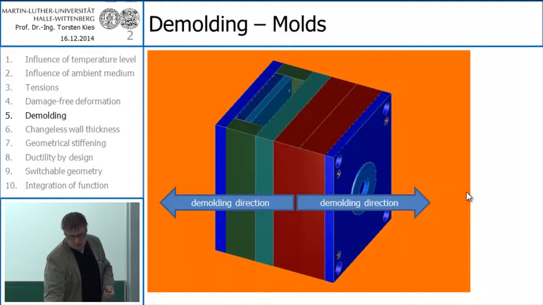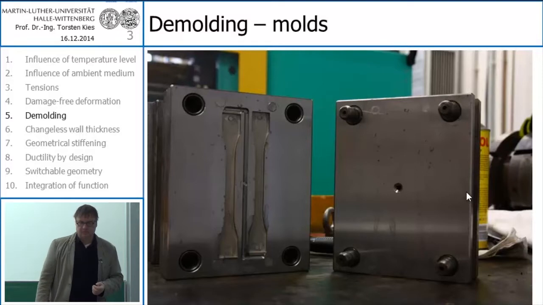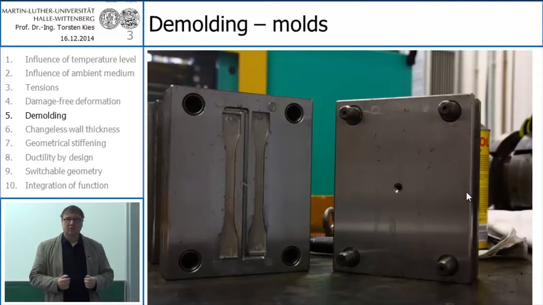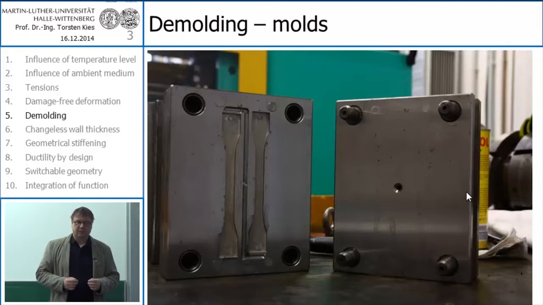I want to show you an open mold. We have a demolding area, and I opened the mold and made this photo. What you see here is a very easy mold.